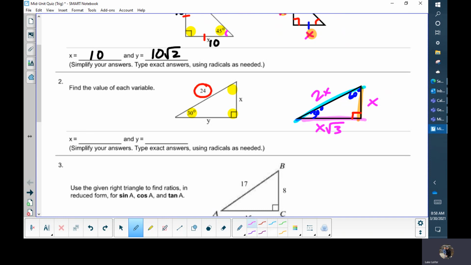So if this is 24 and it's twice as big as the short leg, it means x is 12. I'll put that over there. And again, look at the model: x, 2x, x times the square root of 3. So this down here would be 12 times the square root of 3.